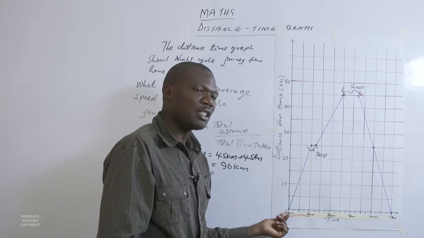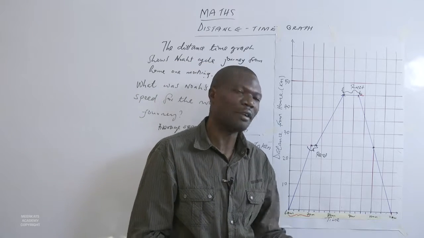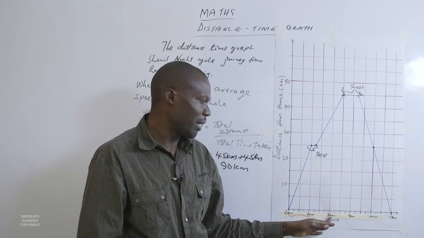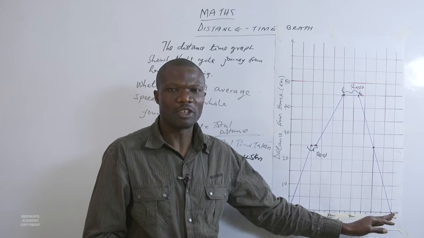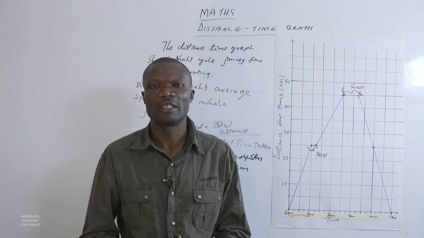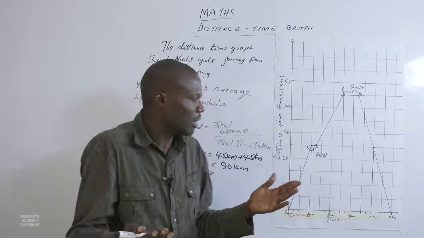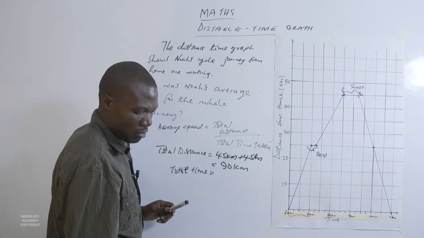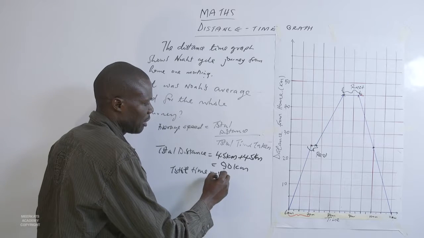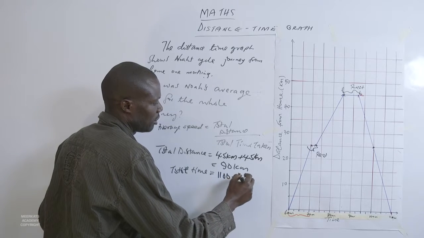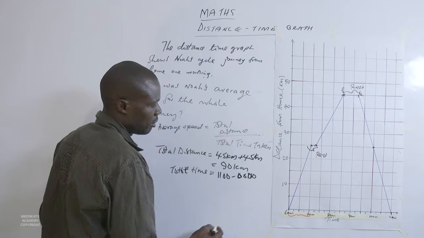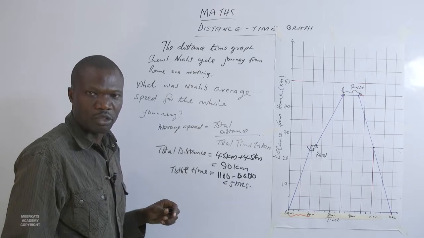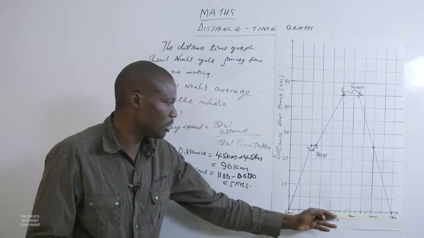And from here, you will see he started at 6 a.m. and came back at 11 a.m. This is 11 a.m.: 6, 7, 8, 9, 10, 11. So 11 a.m. minus 6 a.m. will give us the number of hours, and you'll find that the total number of hours is 5 hours. That is 1, 2, 3, 4, 5.